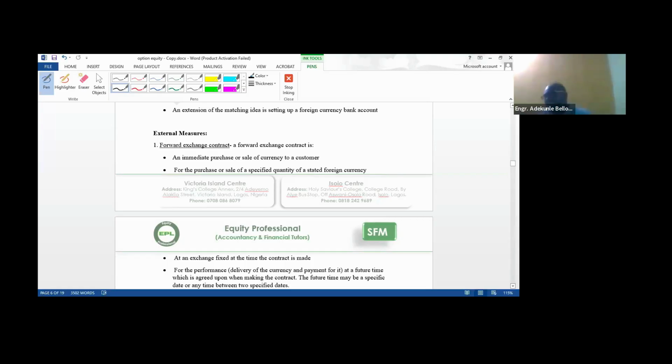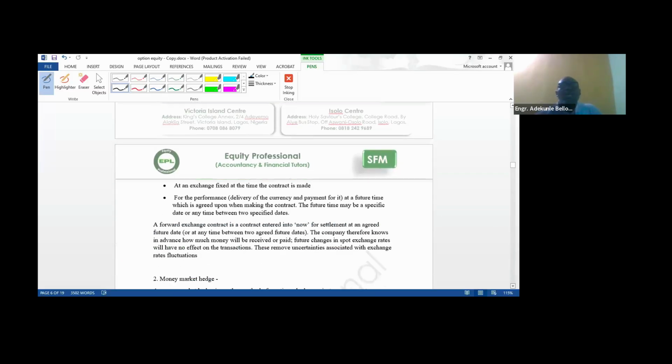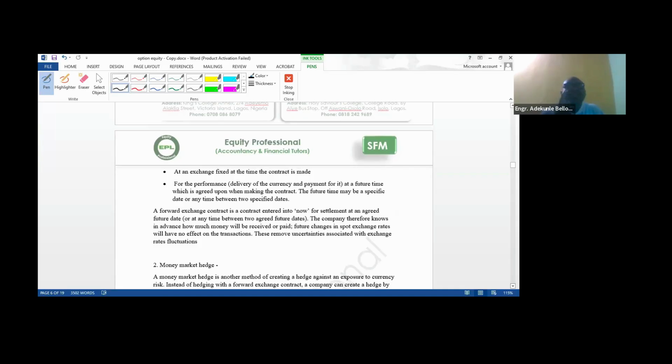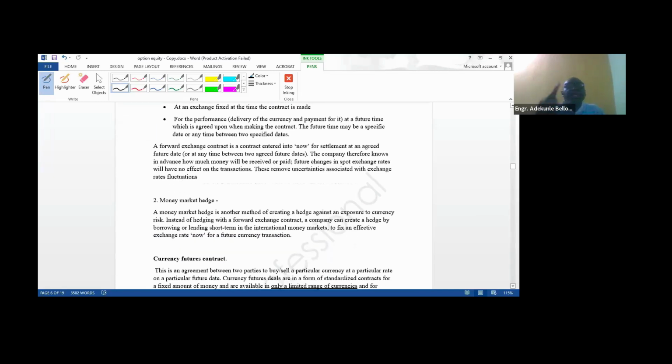With forward contracts, a forward exchange contract is entered into now for settlement at an agreed future date.